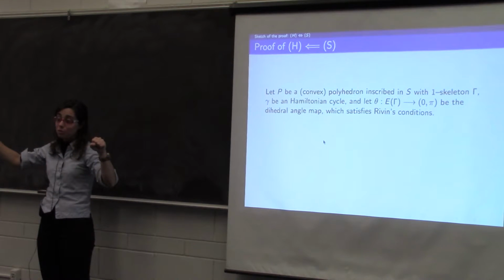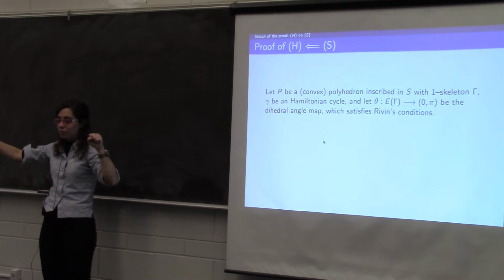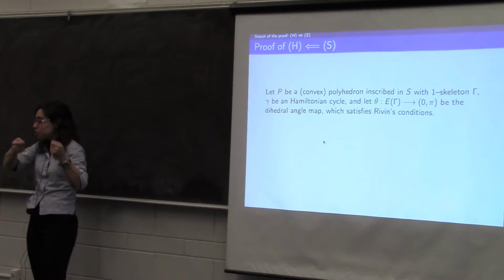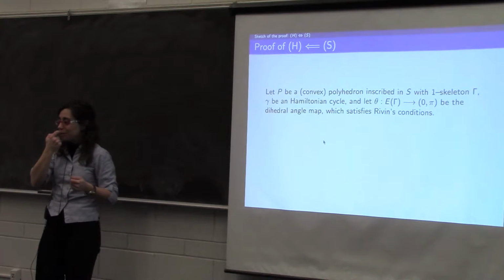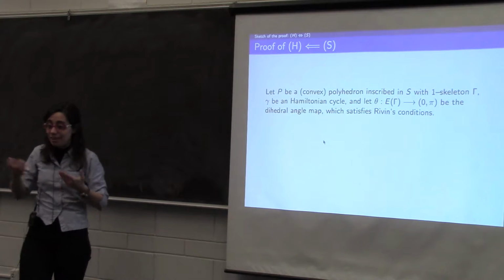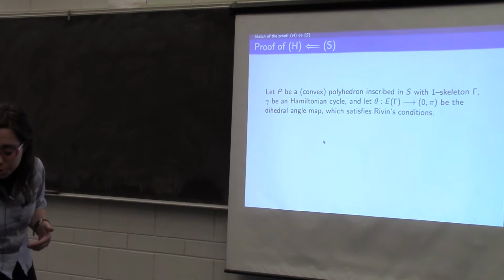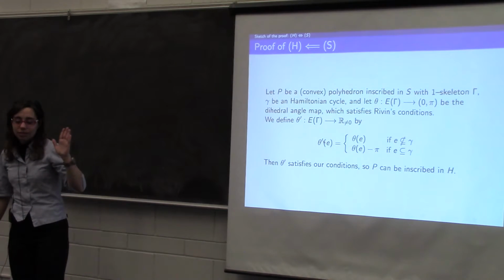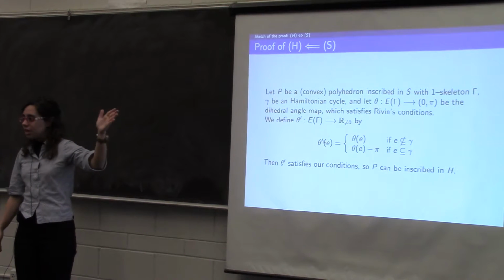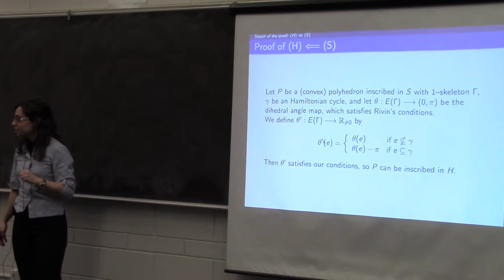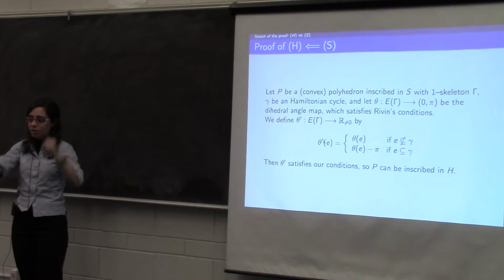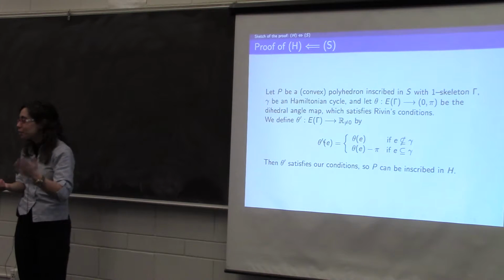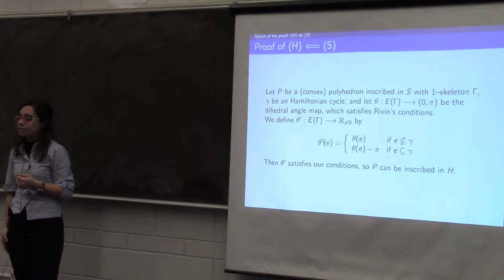So we start from 2 pi, we want to arrive at 0, we have 2 edges, we just remove pi from each edge in the Hamiltonian cycle, okay? So we define a new map that does nothing on the edges that are not on the Hamiltonian cycle, and on the Hamiltonian cycle you take away pi. And then you show that these satisfy our condition, and so we won.